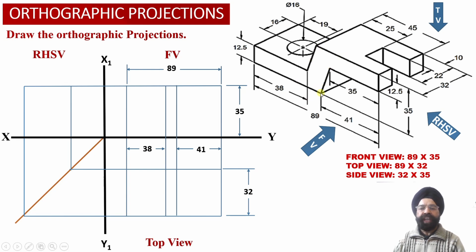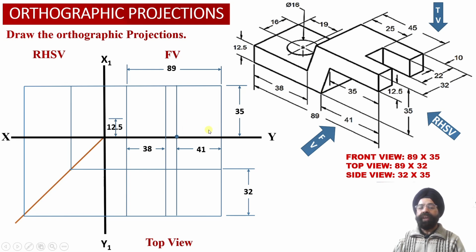Now corresponding to this point number 2, we know that point number 2 will be located at a distance of 41 millimeter from the right hand side face of the solid. We are going to mark a distance of 41 millimeter as we move along the base of the solid towards the left hand side over here. So point number 2 will be located onto the base of the solid over here.